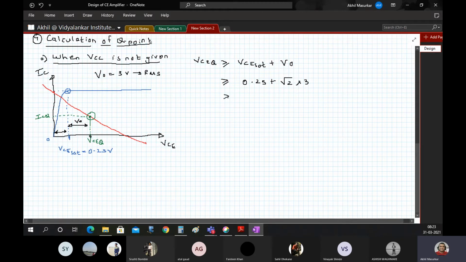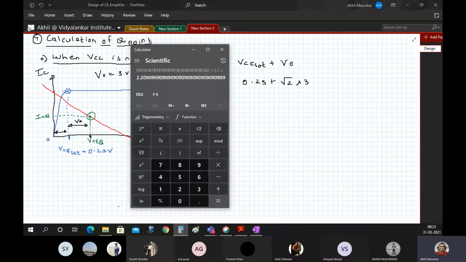Now can somebody tell me what is the value of this? 0.25 plus root 2 into 3. So let's calculate this value.